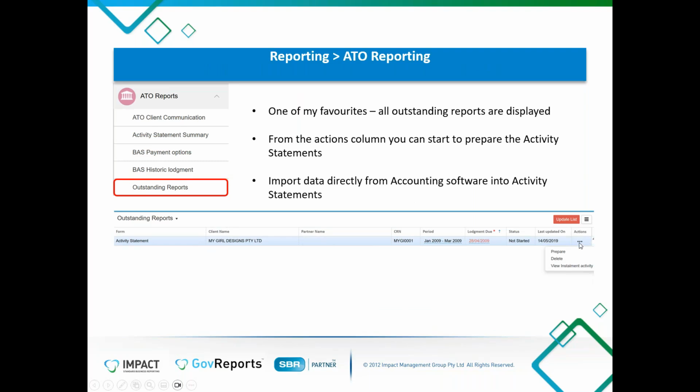And from the actions overflow button here, you can actually start to prepare or view or delete, whatever you want to do. And once you start to prepare, you can then, of course, import the data from the accounting software into GovReports to pre-fill the information for you, which stops keying errors.